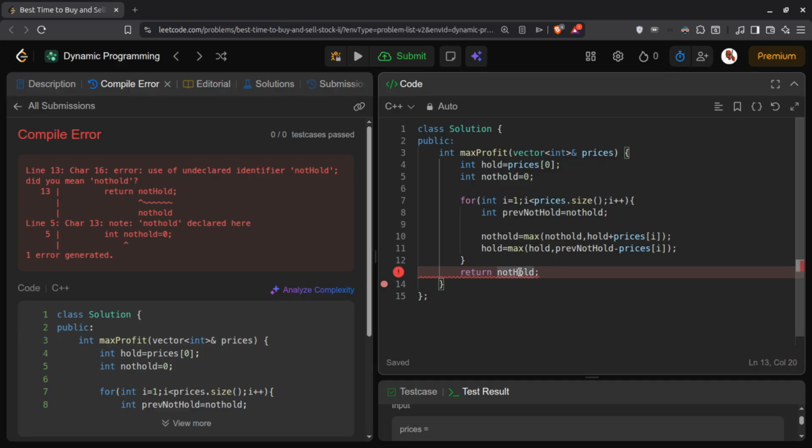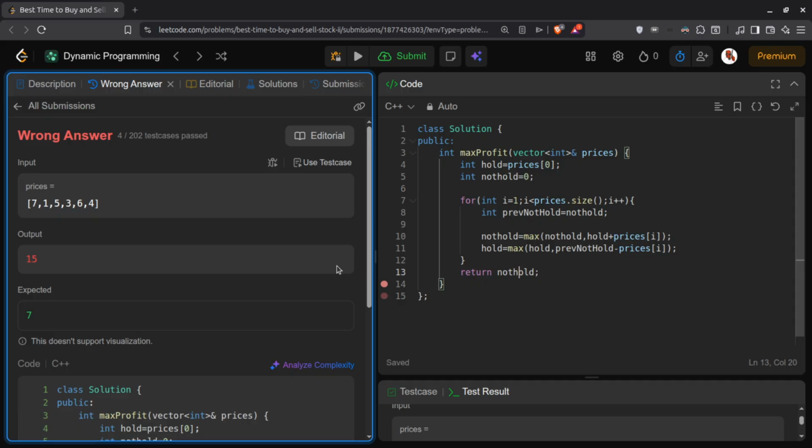Okay, H is capital. There is some issue. Not hold, previous hold minus prices, hold. notHold is also correct. notHold is correct. How, am I missing something?